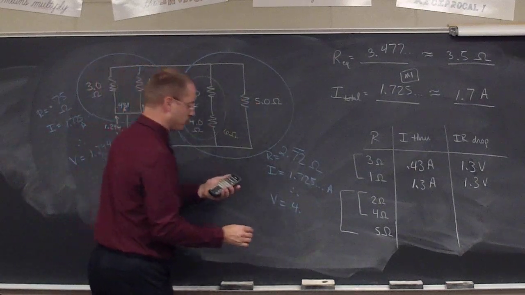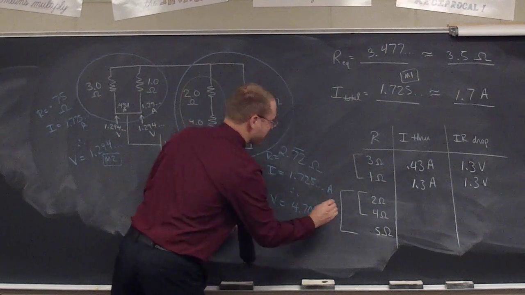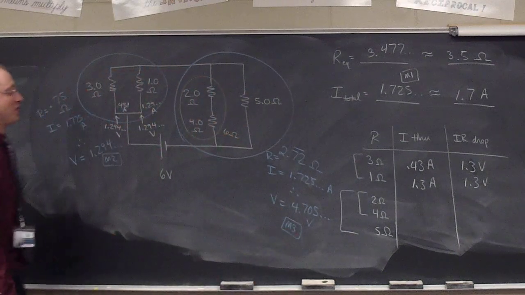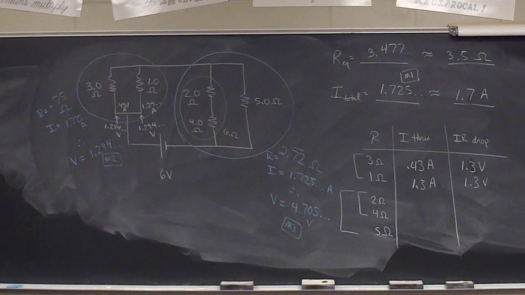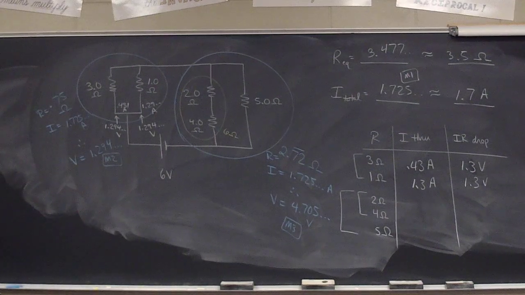Oh, you know what? I bet you used a rounded one. I got 4.705 blah, blah, blah volts. I'm going to put that in memory 3 and put down the blue chalk. Wow, that was bad. But if you didn't use a rounded number, I believe it comes out to the same thing roughly, 4.70, 4.7 volts.